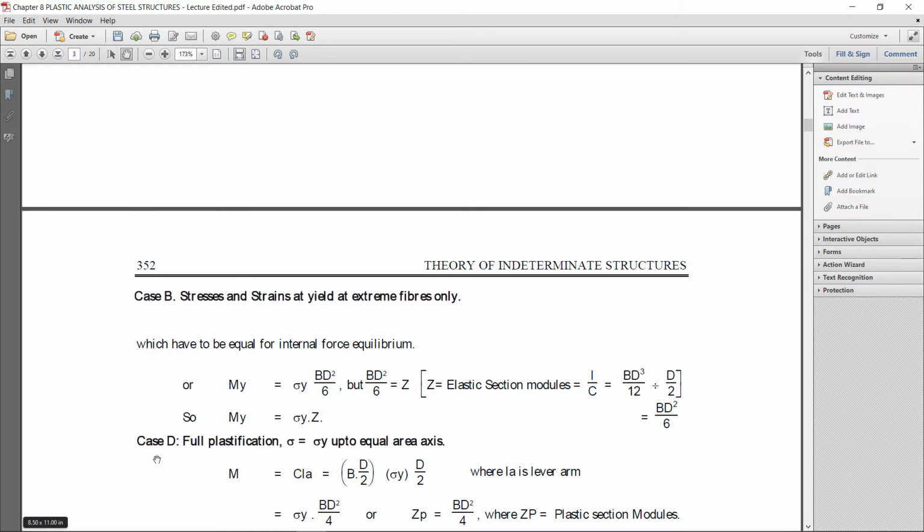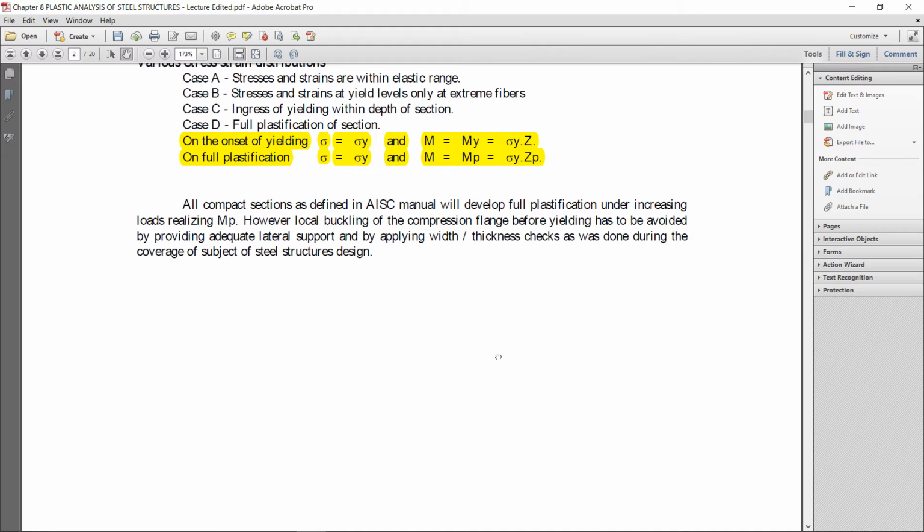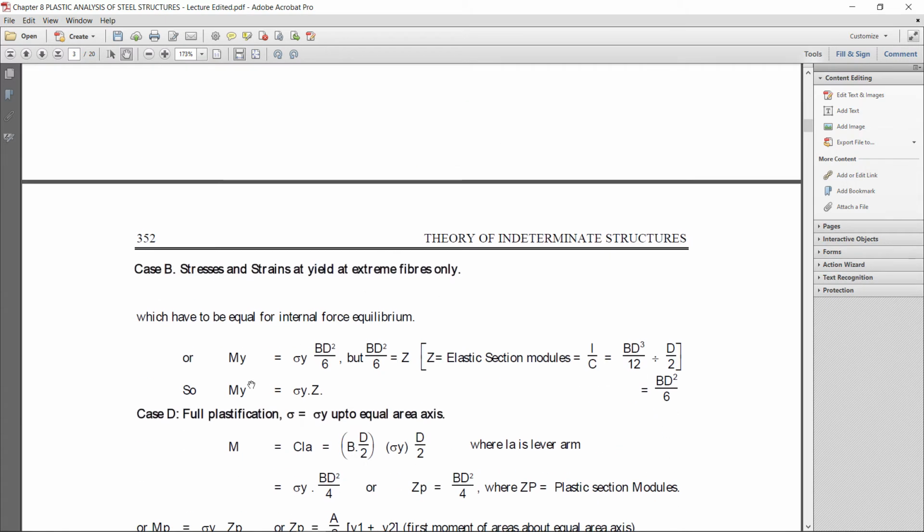Now let's see case D, when sigma reaches sigma y and Z reaches Zp, meaning the elastic section modulus is now converted to the plastic section modulus. Here M we can write from this simple formula or from the basic formula.